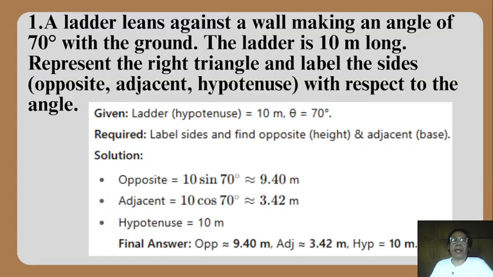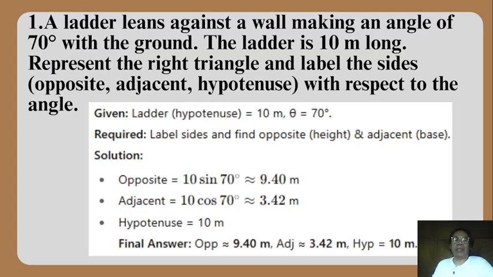So we're given the hypotenuse, which is 10 meters, and then the angle theta, 70 degrees. Required, label the sides and find opposite and adjacent.